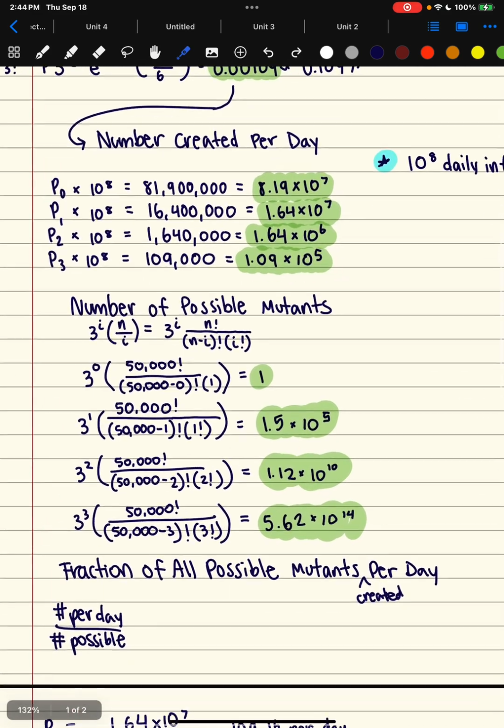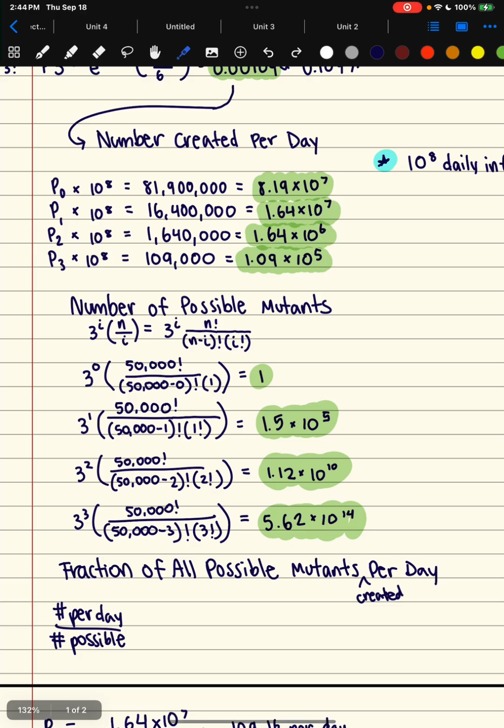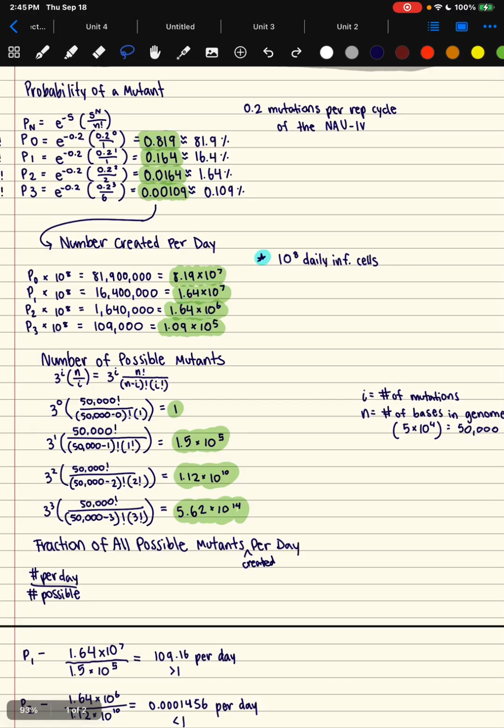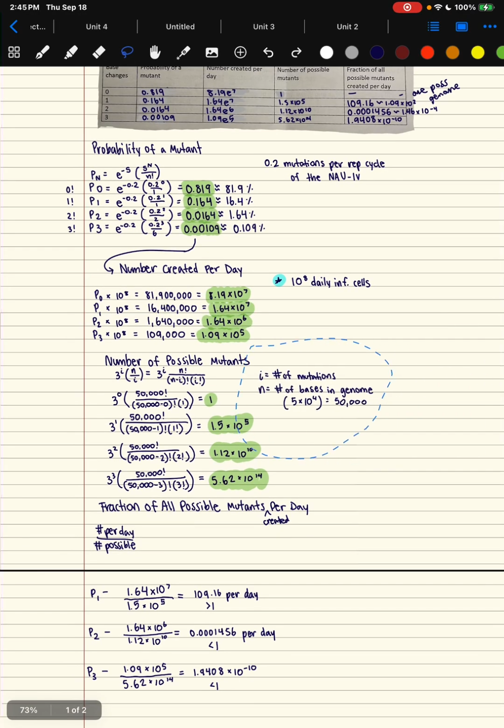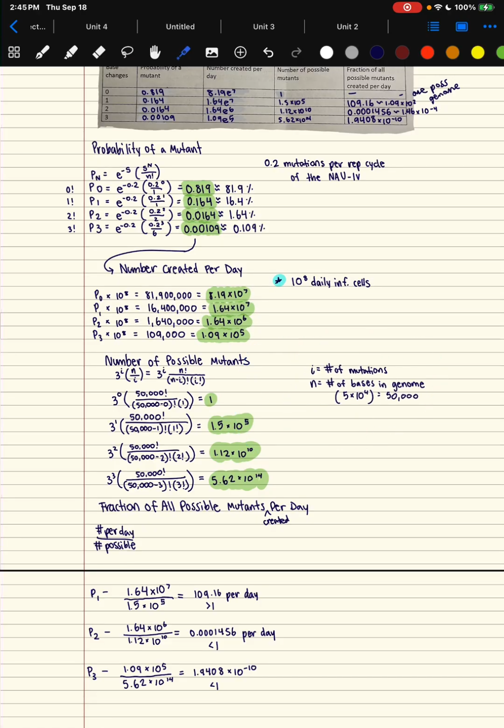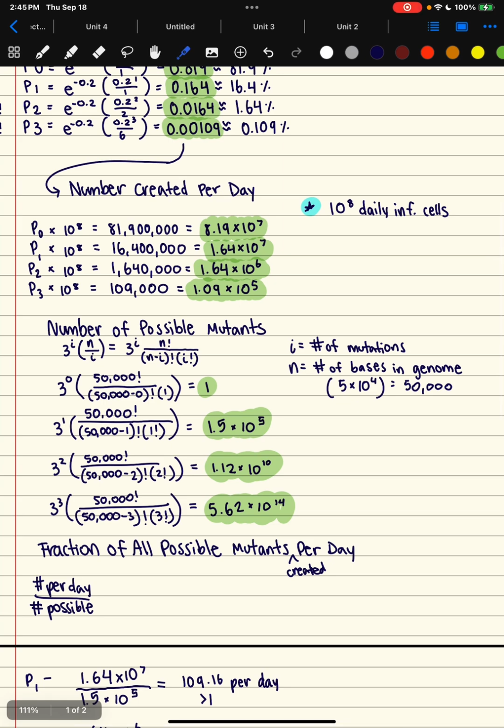The third row is the number of possible mutants or mutations, which we're given a formula for. I think this is the simplified version, but this is exactly what we have to use.